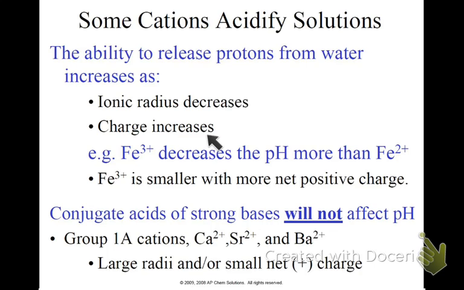As the charge increases as well, so Fe3 plus would decrease the pH more than Fe2 plus, and by decrease the pH, that's increasing the H plus concentration. So that positive 3 charge means electrons are going to get pulled in even more, decreasing the strength of those covalent bonds even better than Fe2 plus would.